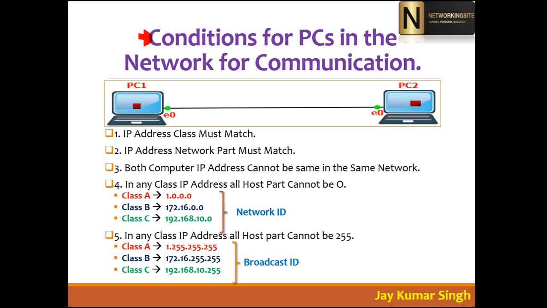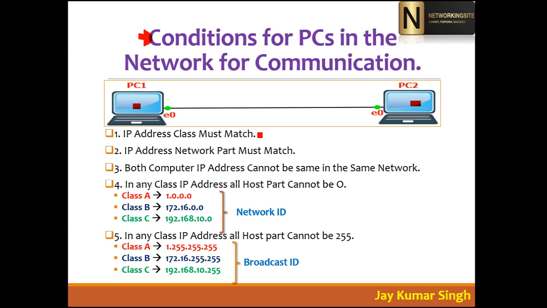The first condition is that the IP address class must match. Here I'm talking about network communication within the LAN. Within the LAN, we do not use a router. Routers are used for WAN communication, for other network communication, not inside the LAN. Suppose inside your house you are communicating with your brother: you don't call him on your phone, you just talk to him directly.